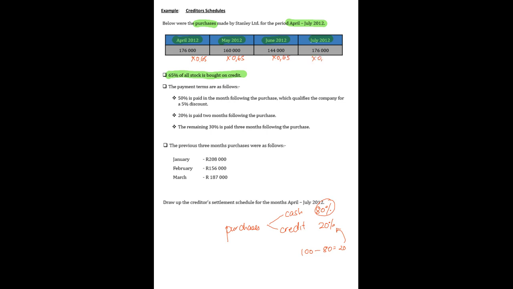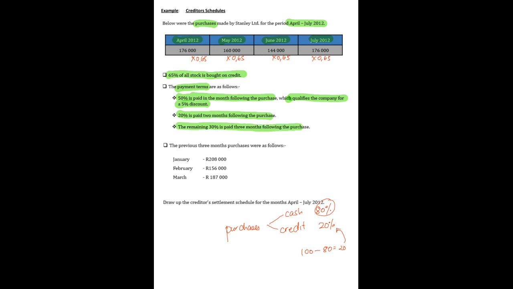Then they say the payment terms were as follows. 50% would be paid in the month following the purchase, which qualifies the company for a 5% discount. We'll look at how to incorporate that. Then 20% is paid 2 months after the purchase, and the remaining 30% is paid 3 months after the purchase.